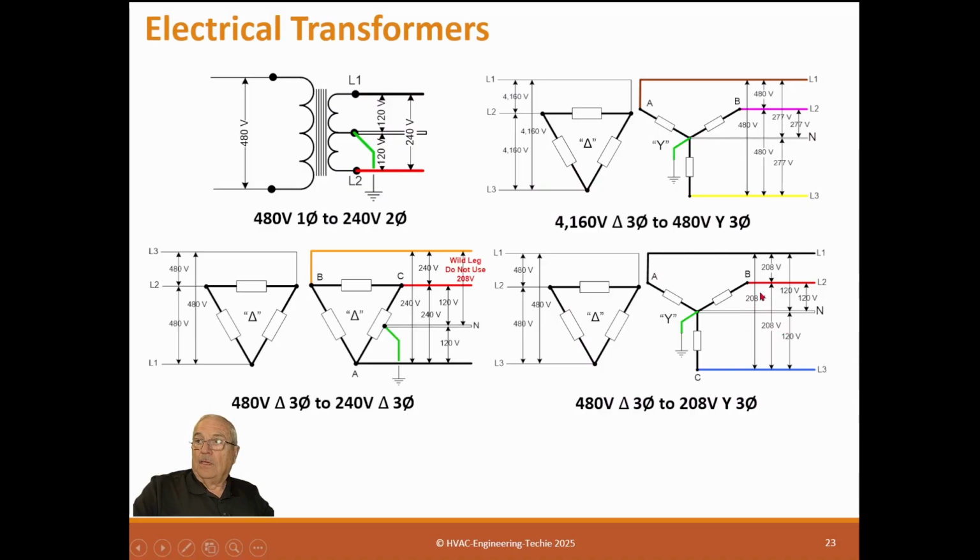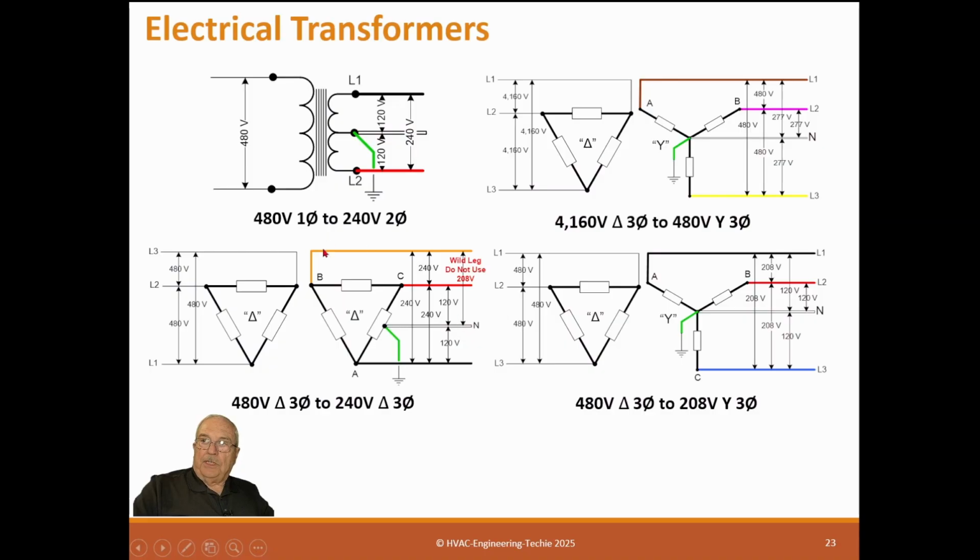And then we have a special transformer, which is a delta-delta, which comes in at 480 volt delta and goes out at 240 volt three phase. Now the problem with this transformer is that because this delta has no neutral connection, they make one by putting in a center tap, which means from this neutral to leg C or A is fine, you get 120 volt.